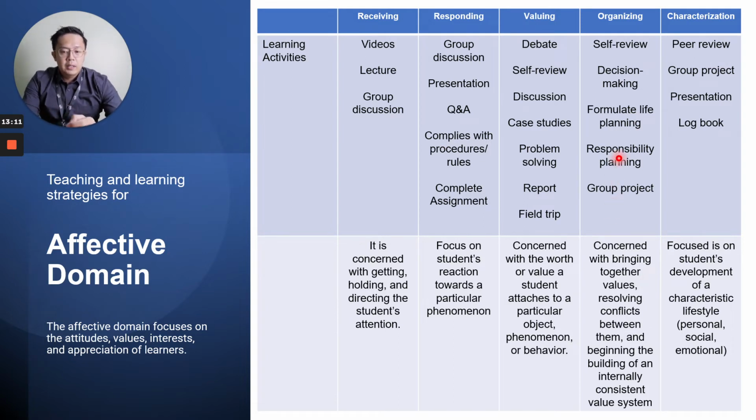So you may ask them to do a decision-making process where they have an initial discussion, group discussion, and finally agree on certain things and present the final outcome to you. This could force them to make a decision, which will help them achieve the A4 level, organizing. So this is one of the tables that I can share with you so that you can understand the purpose and main focus of each of the learning activities that you're going to design for your students.